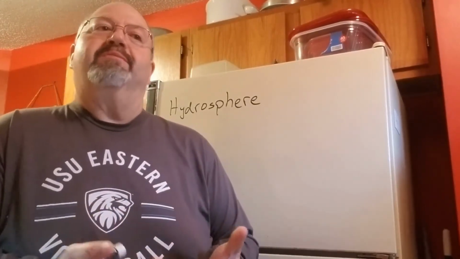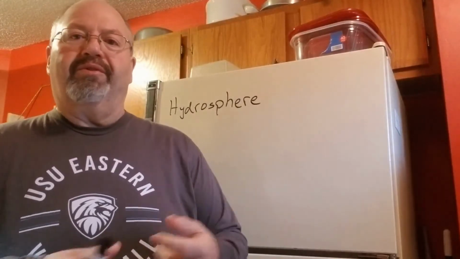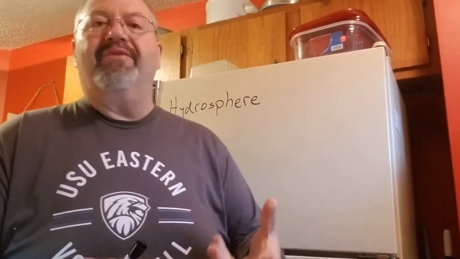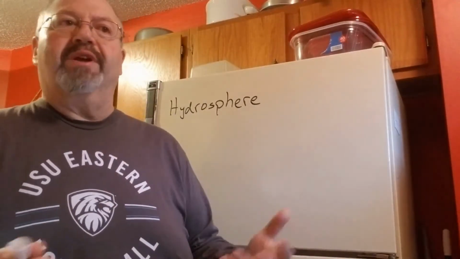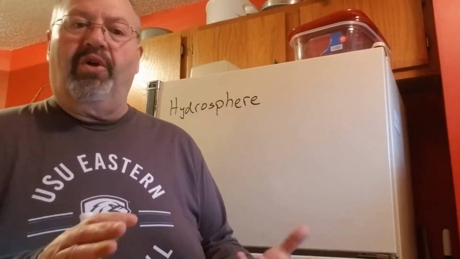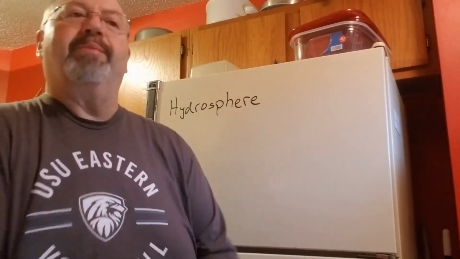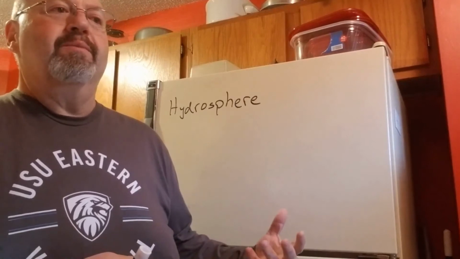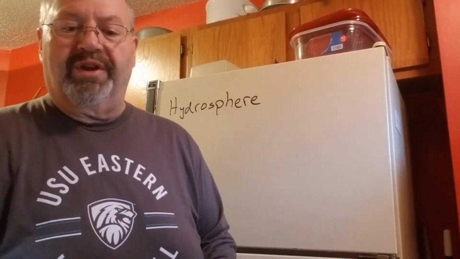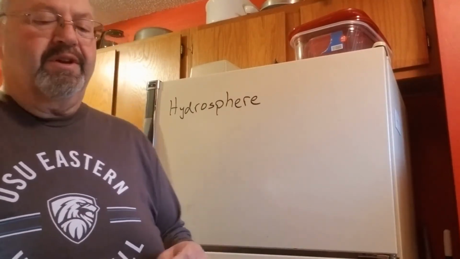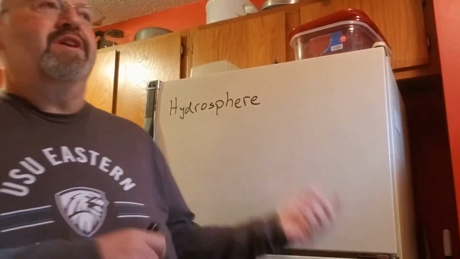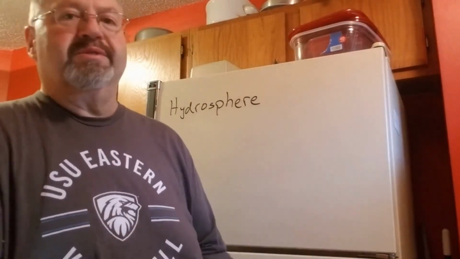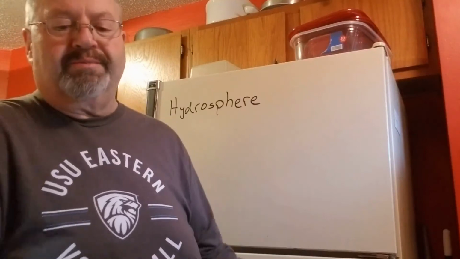As the water droplets get bigger or form on other particles in the atmosphere, they get heavier and start to fall as precipitation: rain, snow, sleet, hail, whatever. It falls back to the earth, where the cycle just starts over again. So it's just cycling between evaporation, condensation, precipitation, evaporation, condensation, precipitation.